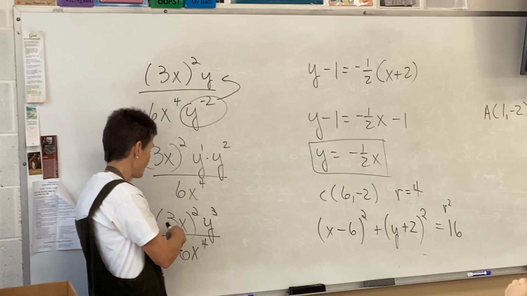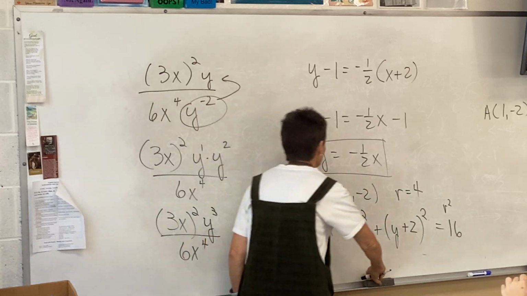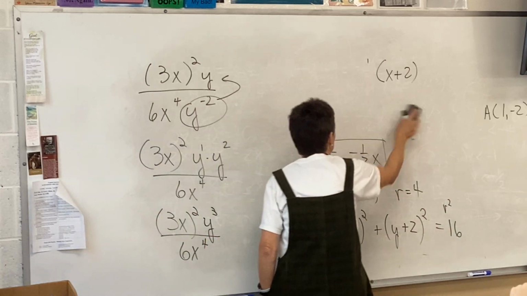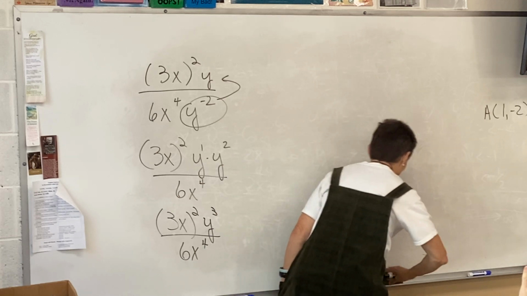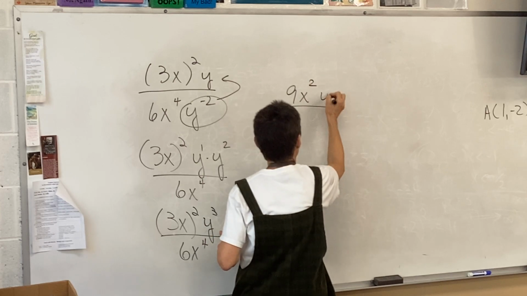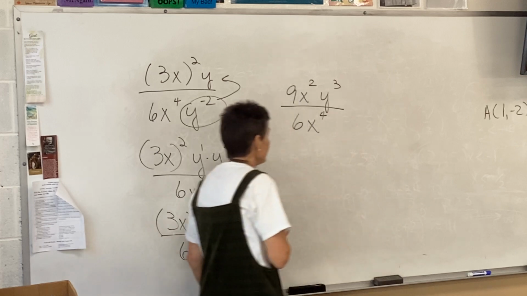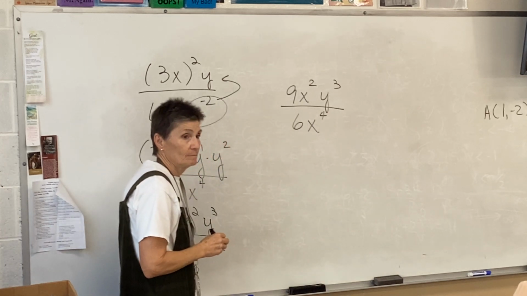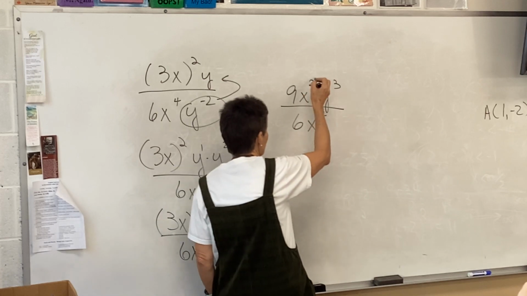So let's see, what's that going to be? 9x squared. And we've combined our y's into y to the third and 6x to the fourth. Okay, we're getting there. The x to the bottom and then so it's just a 2. So these guys are going to cancel, right?